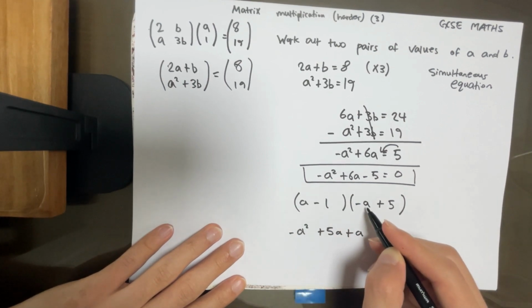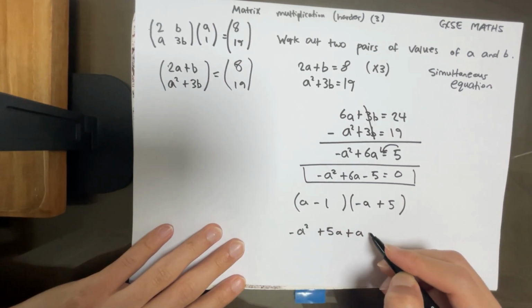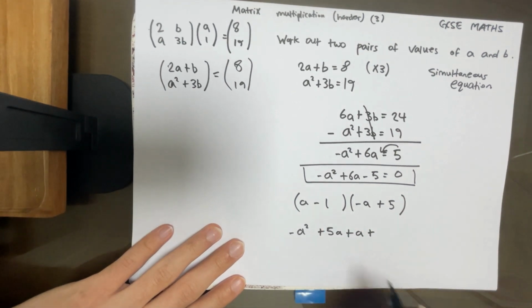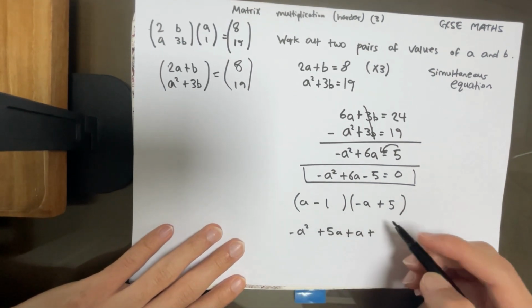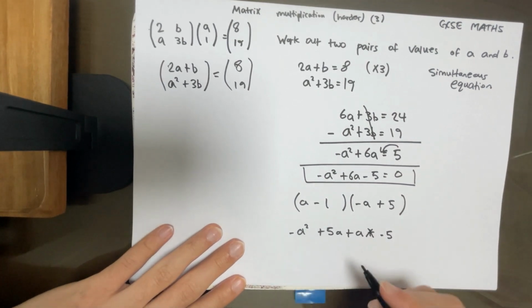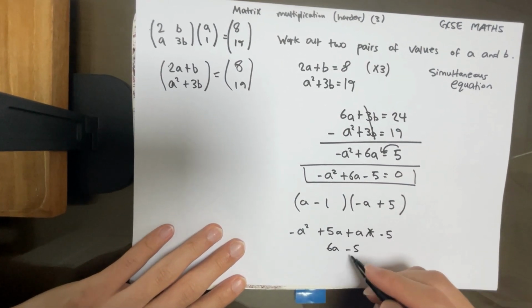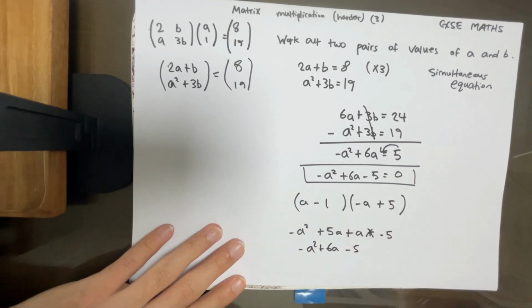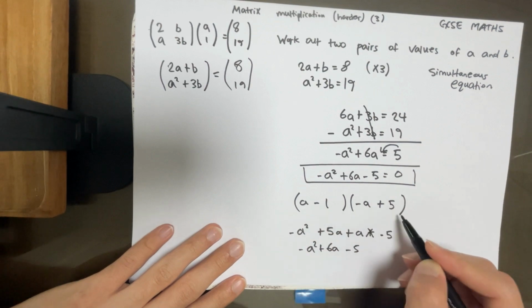Minus 1 times minus 1 should give us a, because minus and a minus makes a positive, right? And minus 1 times positive 5 should give us minus 5. So this equation simplifies to 6a minus 5 minus a squared, which is the same one as the above. So a minus 1 and minus a plus 5.